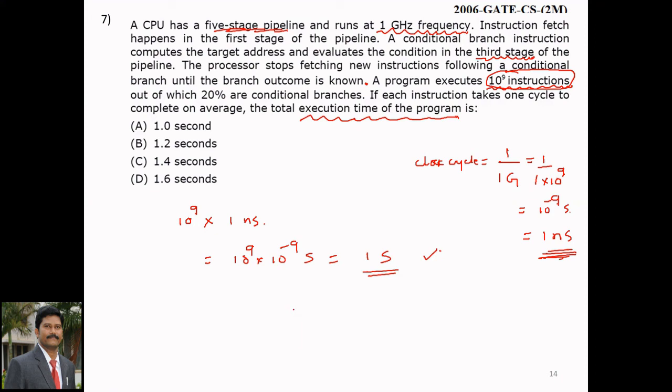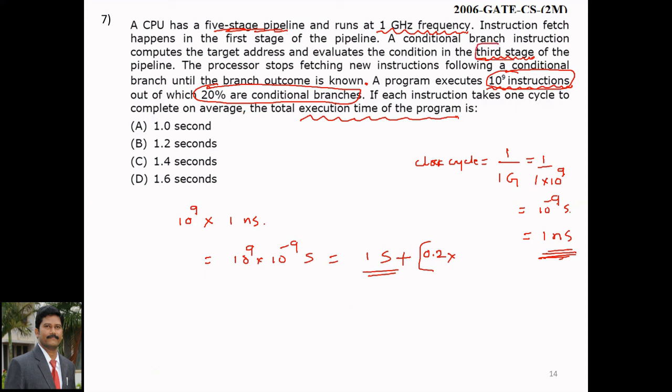But in this, extra time is wasted because of the 20% conditional branches. How much time do we have to add? Plus 20%, that is 0.2, into how many clock cycles will be wasted?